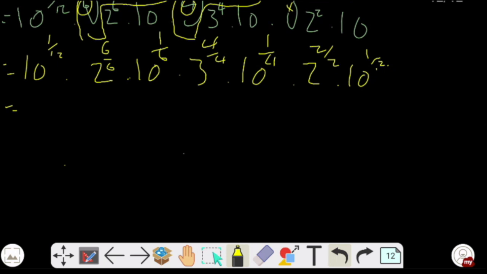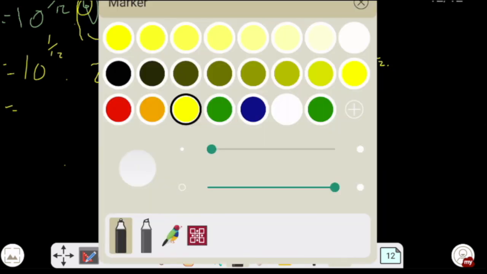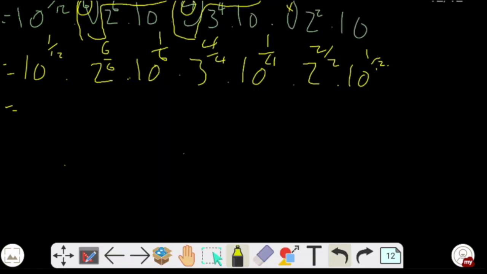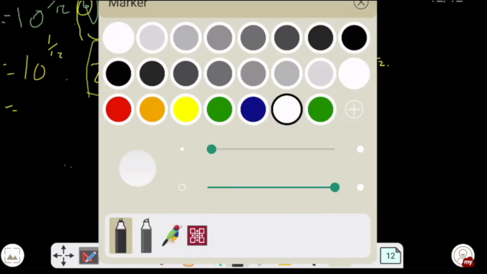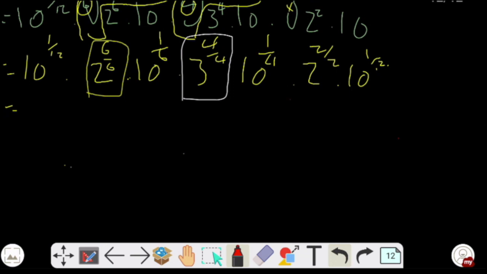Now let's try to simplify this. Can you see here is 2 to the power of 1, and then here we have 3 to the power of 1 as well, and then here we have 2 to the power of 1. Now let's write it in those terms.